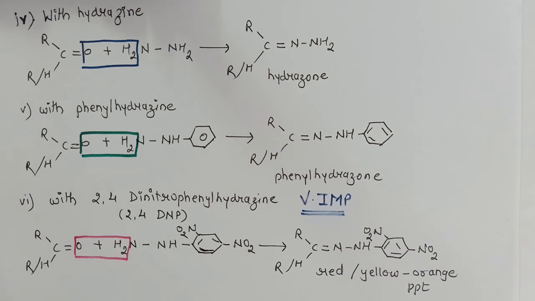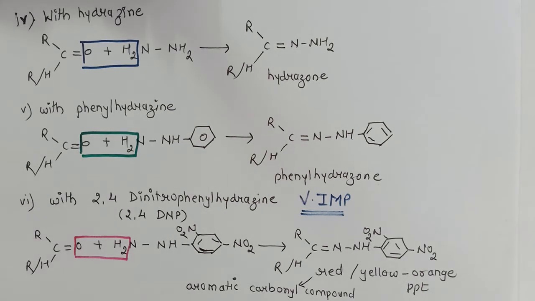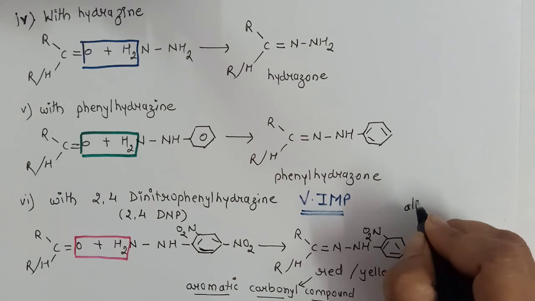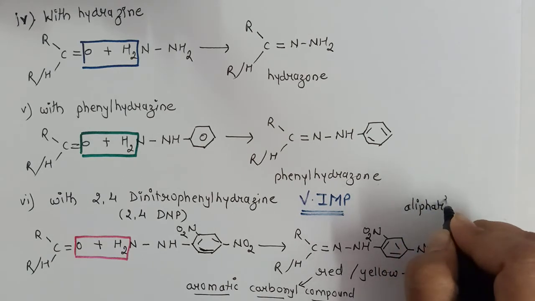This reaction is given by only either aldehyde or ketone. When any carbonyl compound is treated with 2,4-DNP, if we get red color precipitate, we will say it is aromatic carbonyl compound. And in case we get either yellow or orange color precipitate, then it will be aliphatic carbonyl compound.